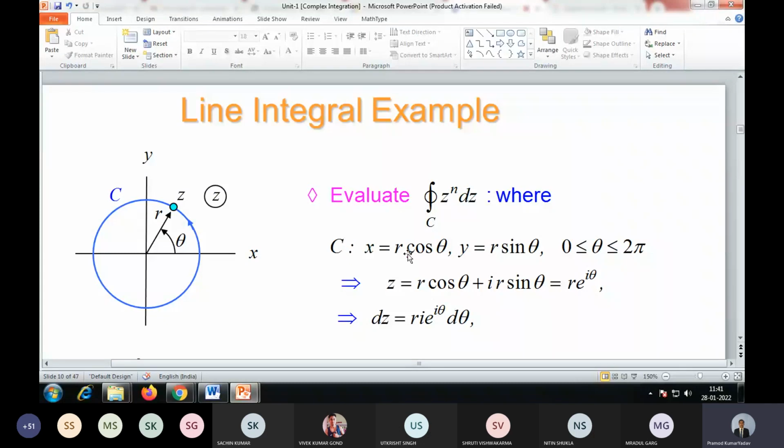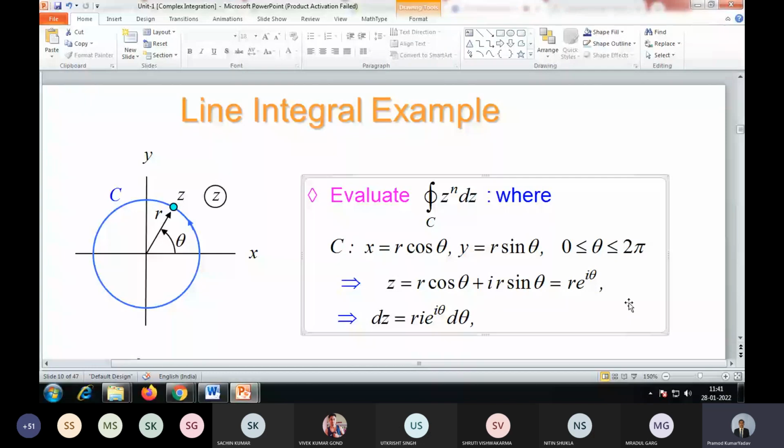In fact, here the parametric equation is given already, so we are required to reduce it: x equals r cos theta and y equals r sin theta, theta varies from 0 to 2 pi. So you may use the same concept.